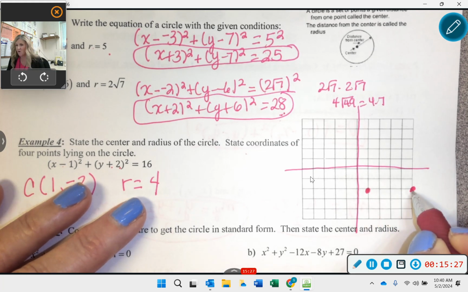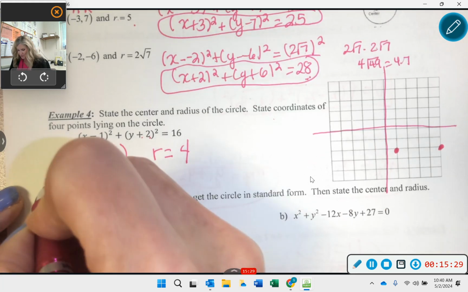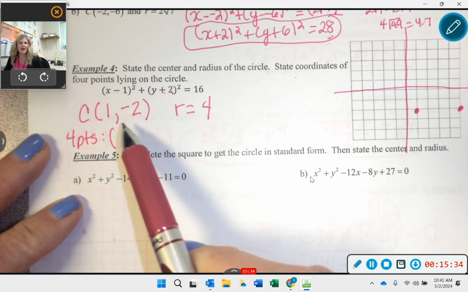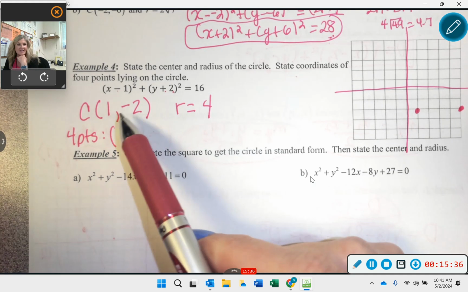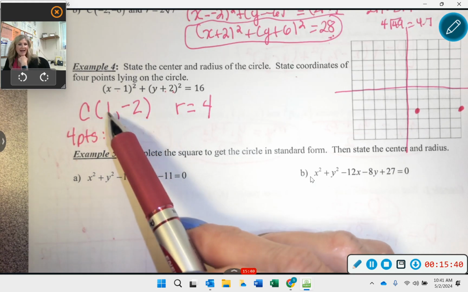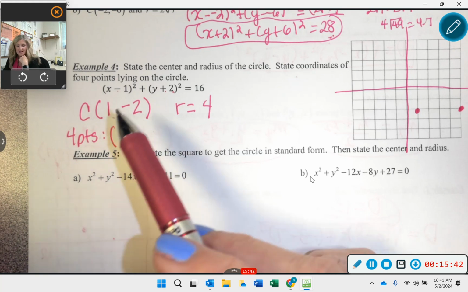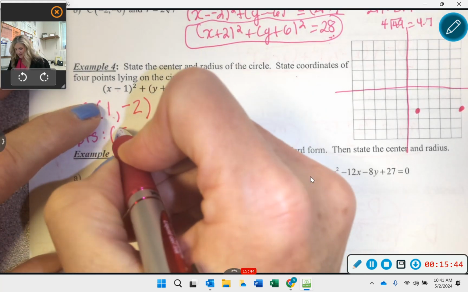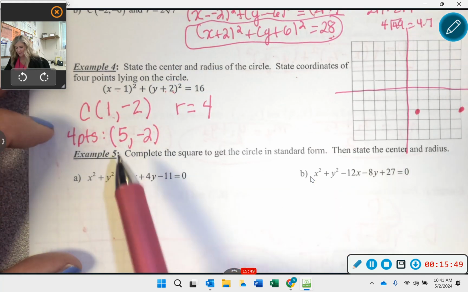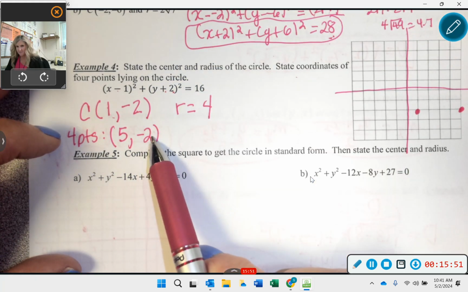You can count out what that point is, but here's what I'd like you to be able to do. If I go to the right 4, what does it change, the x or the y? x. I would add 4 to my x. So if I add 4 to my x, I'm going to get 5. y stays the same. That's what happens if I go right 4.